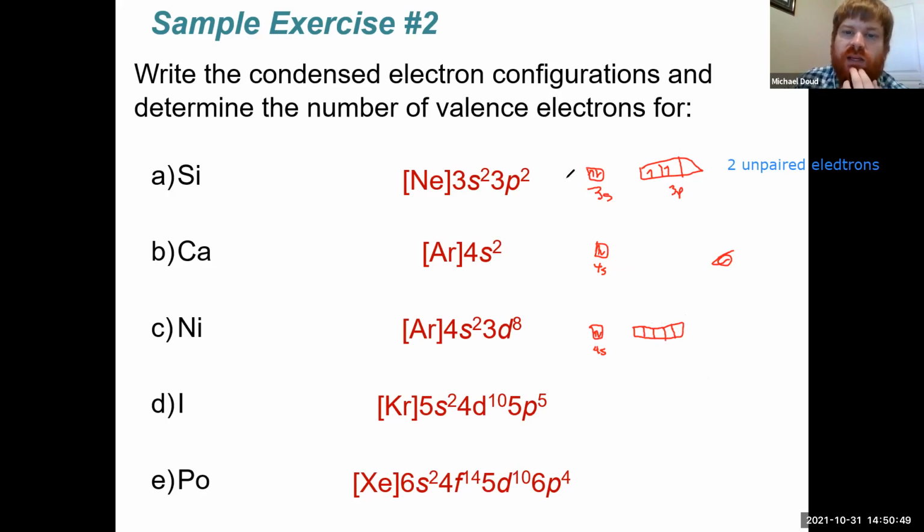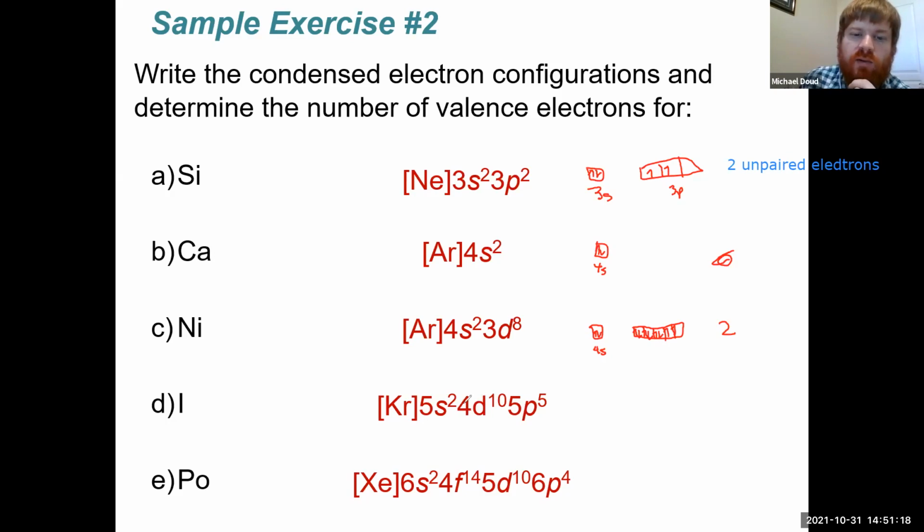So remember, we fill using Hund's rule. So we're going to do 1 first, pointing up in each of them. So that's 1, 2, 3, 4, 5. And then we're going to come back here and pair it. 6, 7, 8. So here there are 2 unpaired electrons again.